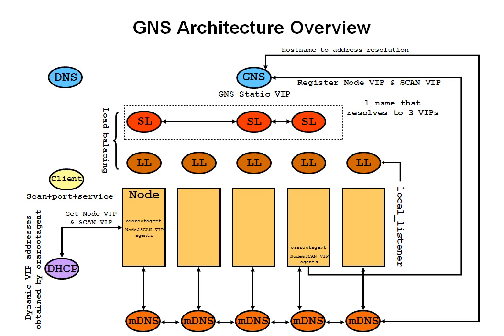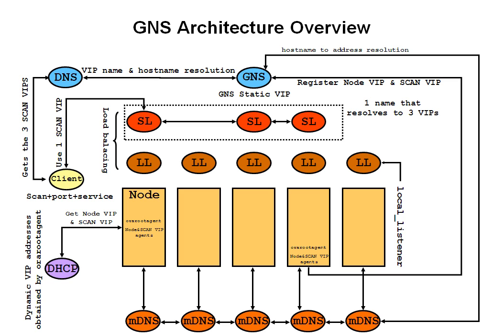To resolve that combination, the client submits a DNS request. By looking at the cluster domain name in the scan name, DNS is able to ask the corresponding GNS server, which in turn replies with the 3 scan VIPs. When the client gets back from DNS the 3 scan VIPs, it just takes one of them using client load balancing to get to one of the scan listeners.